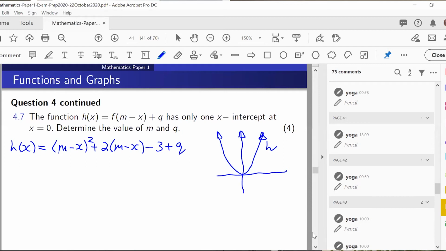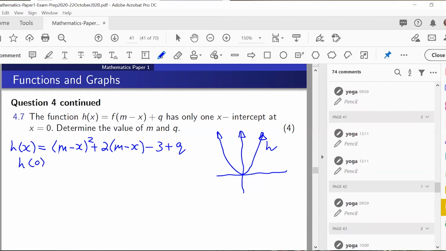Now, the x-intercept, I need to save space again. This function has an x-intercept at 0, which means that h at 0 is equal to 0.